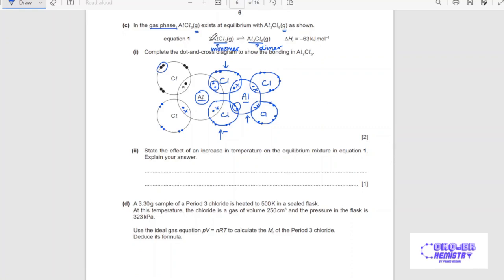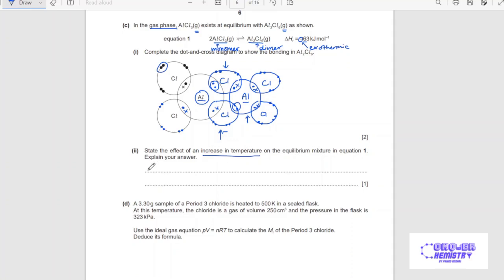So you can see over here that this equilibrium shows that the forward reaction is exothermic, right? So if I were to increase the temperature, that would mean that according to Le Chatelier's principle, the backward reaction would have to be favored, which is endothermic. It will absorb the excess temperature and bring it back down. All right, it will oppose that change that we have made.